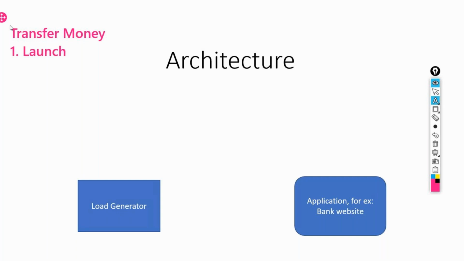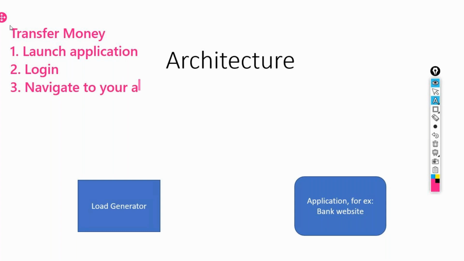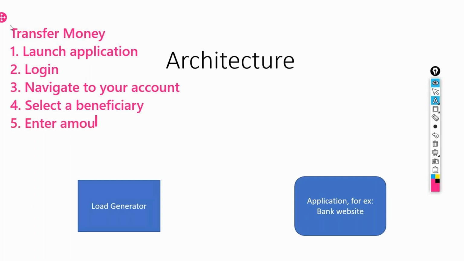First, you will launch the application. Next, you will log into the application. Next, you navigate to your account. Next, you select a beneficiary. Next, you enter the amount and click the transfer button.